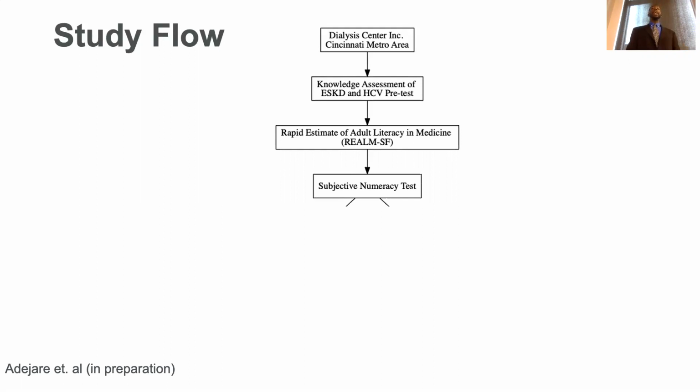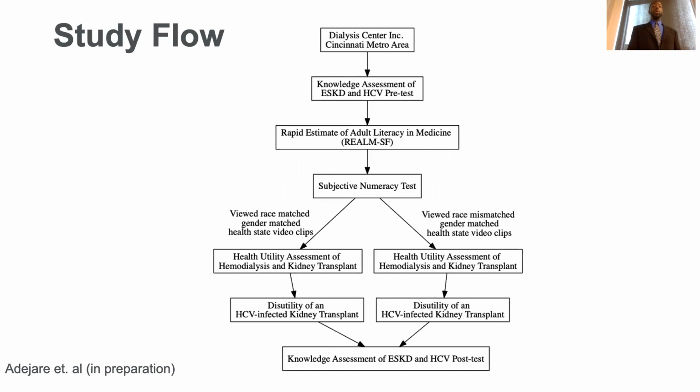We then had their health literacy and subjective numeracy evaluated with the REALM SF and subjective numeracy exams. We then took the cohort and split it into 2 different cohorts. One is race matched health state video clips, and the other one was race mismatched health state video clips.